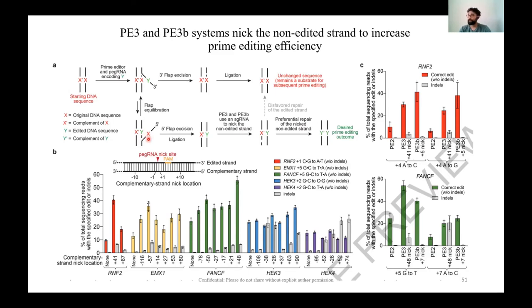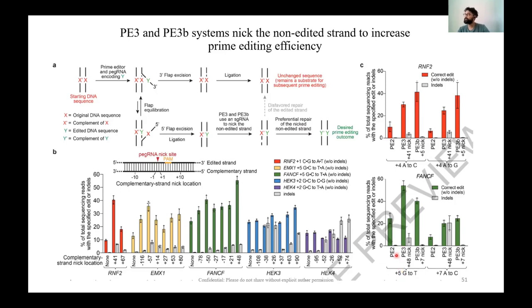But with 5' flap excision, and using the PE3 and PE3B versions, you will get your preferred nick repair, and then this will be changed to the complementary version of your actual edit. As you can see, with the 2 versions, the efficiency of correct edit is not that high. It's still like 15%, which is quite high, but not high. But with the 3 and 3B versions, this increases to 40 to 50%.